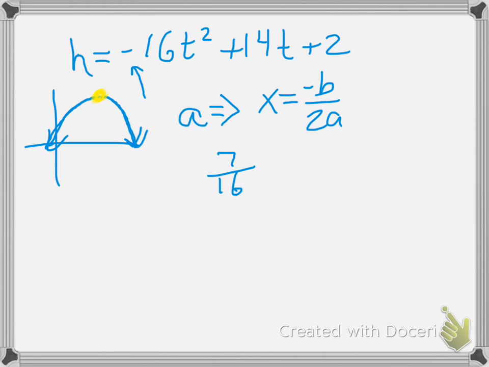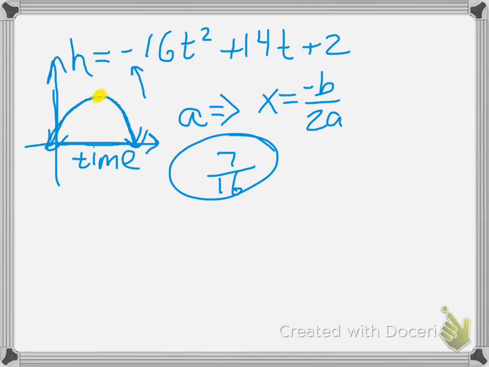Then B asked for the maximum height. So the reason I know that this x is the time is because the x-axis is time. The y-axis would be your height. And so on B, they ask you how high the ball is.